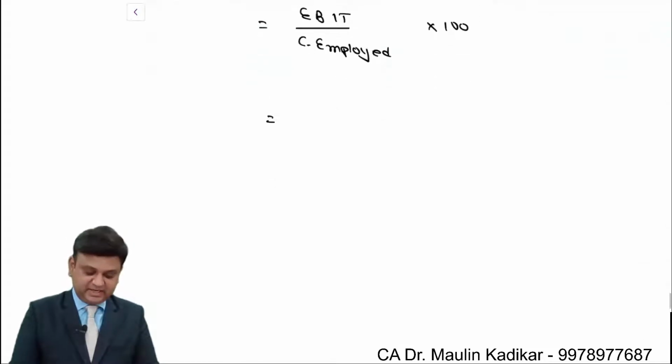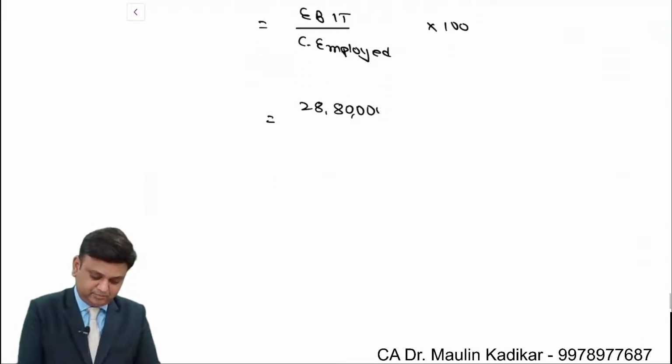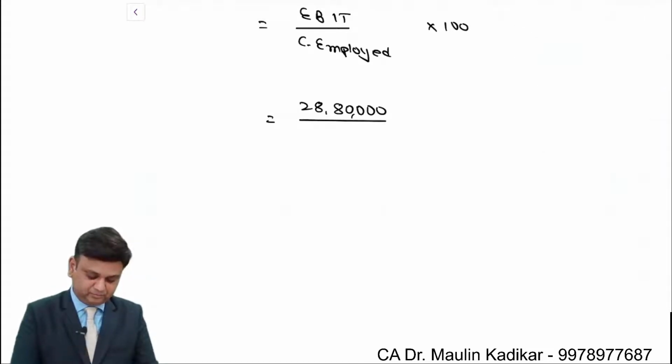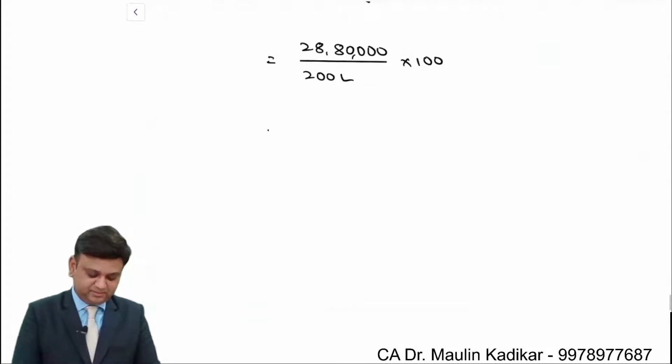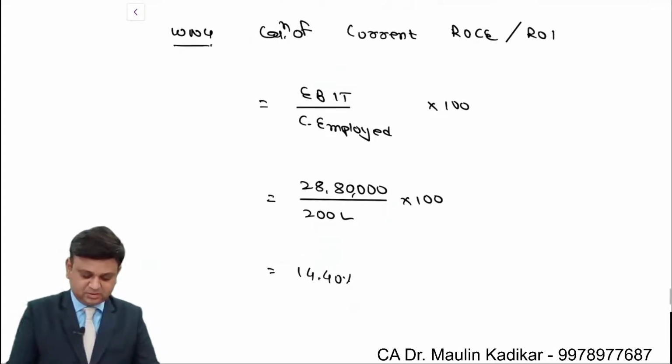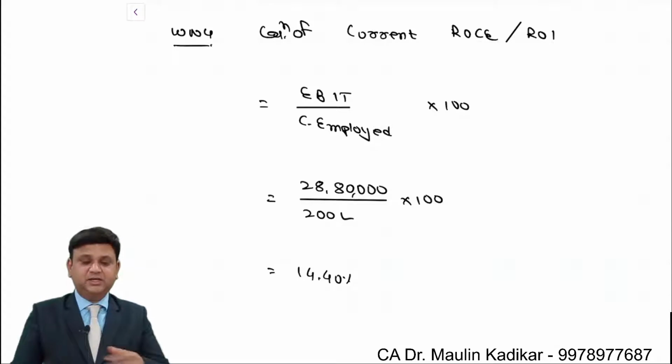So it is 28,80,000 divided by 200 lakhs into 100 for getting answer in percentage term, and it comes to 14.4%. So this is the current return on capital employed.